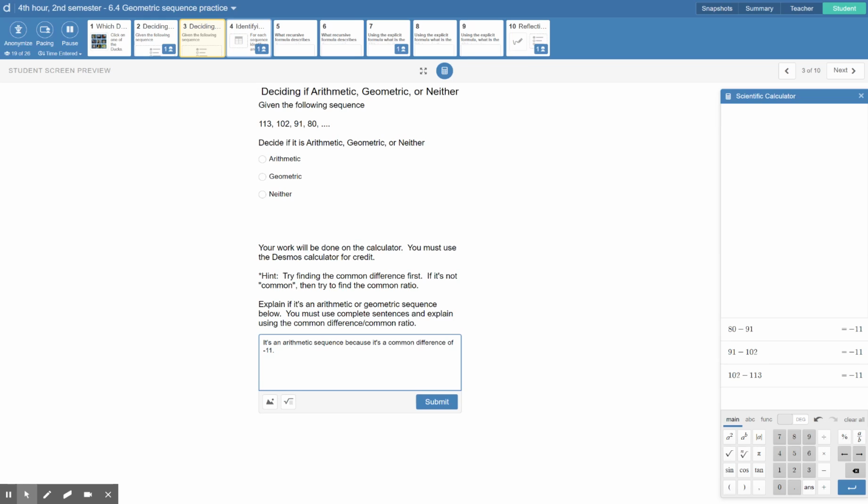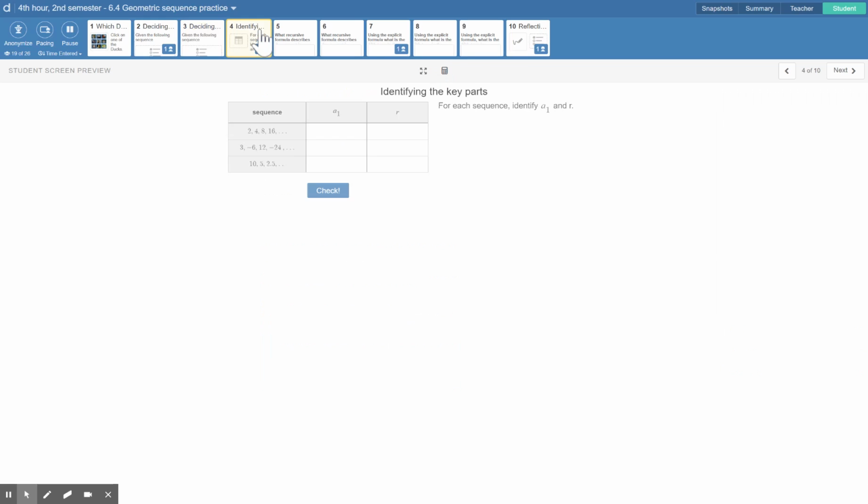Now for number 4, through the rest of the slides, we are talking about geometric sequences. So geometric sequence is all about the ratio. The r is going to be the common ratio.